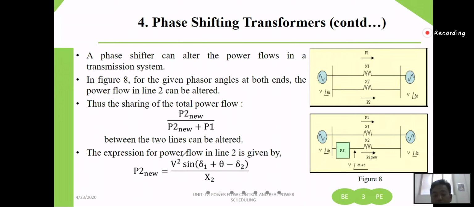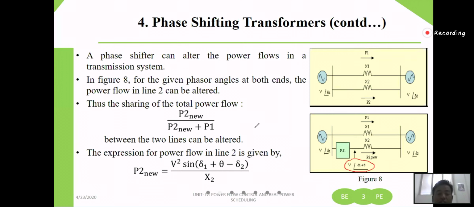Then the power flowing in this transmission line will be given by V square sine of delta 1 plus theta minus delta 2, divided by x2, the reactance. This is how we can control the power flow using the phase shifting transformer.